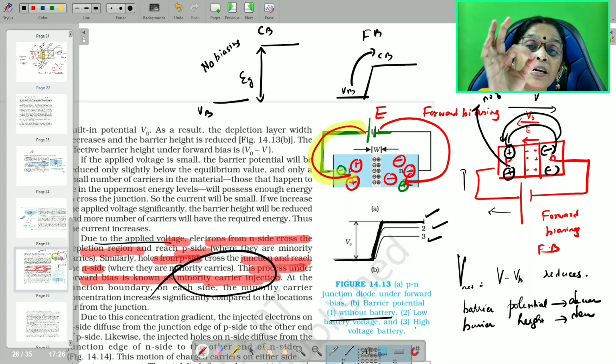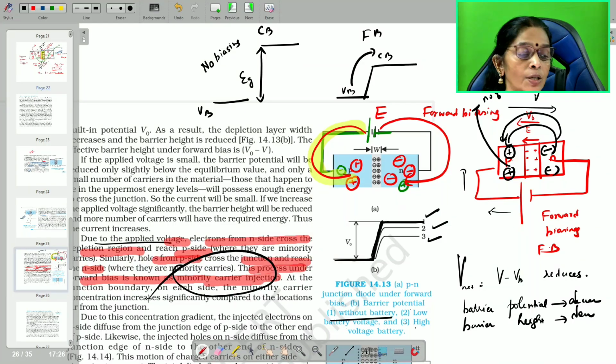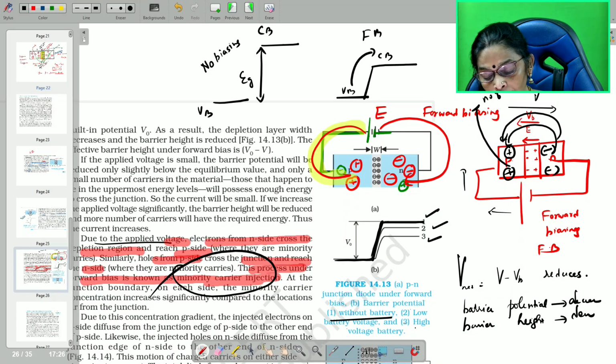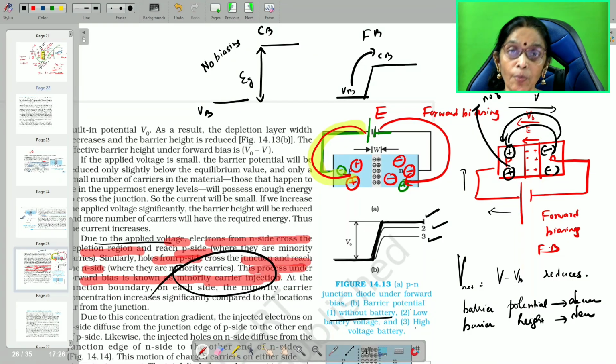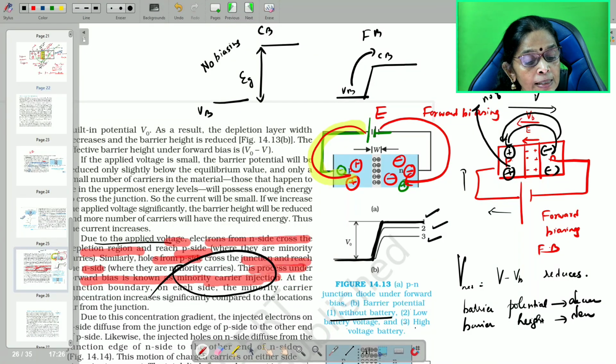What do you mean by minority charge carrier injection? If they ask you, what should you say? Very simple. During forward bias, that's a very important key point, due to the applied voltage, electrons from the N side move towards the P side, and holes from the P side move towards the N side.